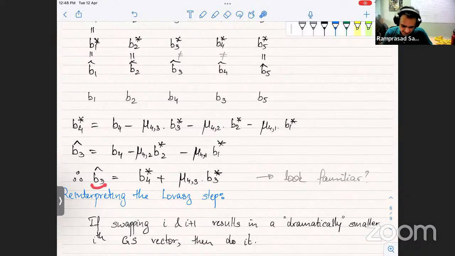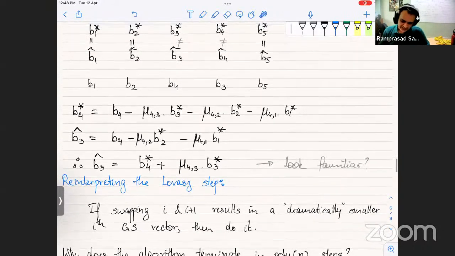You're basically saying, is B3 hat smaller than, say, 3/4 the length of my old B3 star? Then it seems like making the swap is suddenly making the Gram-Schmidt vector substantially smaller. So let's make the swap and continue.